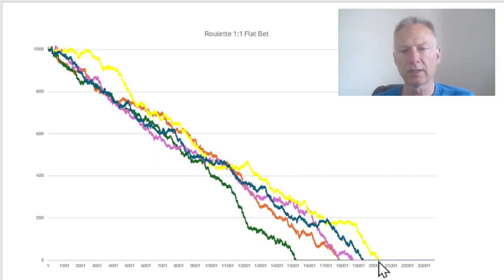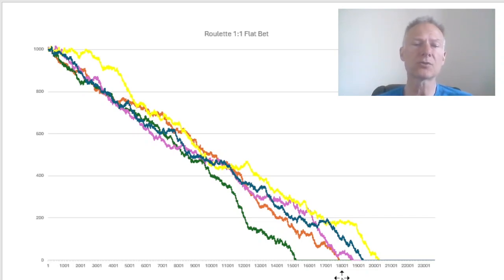And you might be asking yourself, well, what is this slope in this system? And where am I likely to lose my money? Well, if you recall from a previous video, the house advantage in double zero roulette, and everything we're looking at today is double zero, is 1 over 19, or 5.26%.